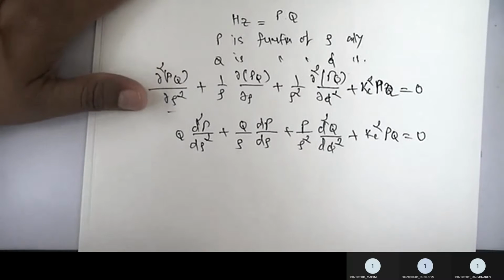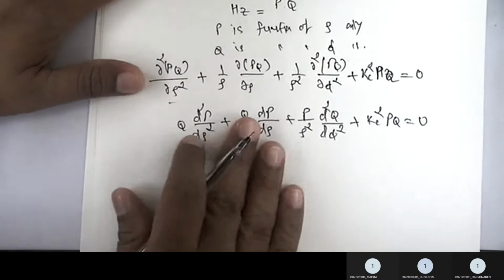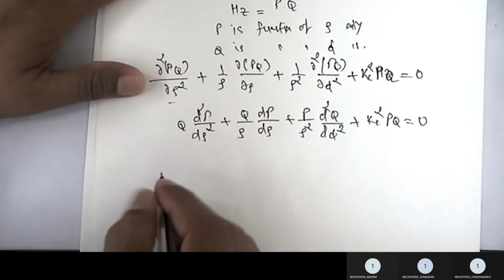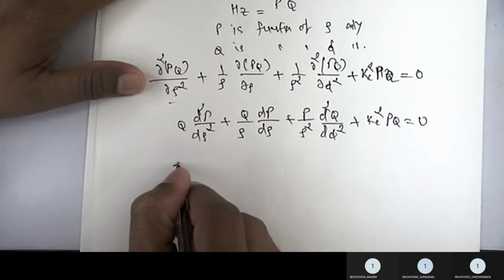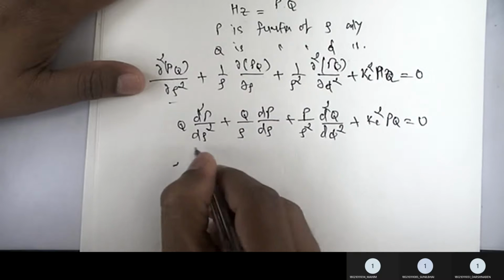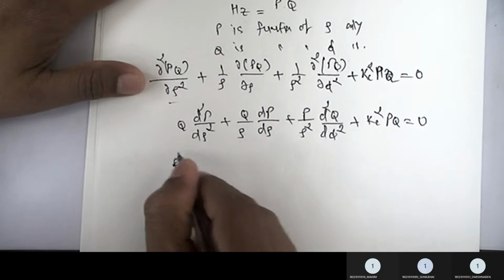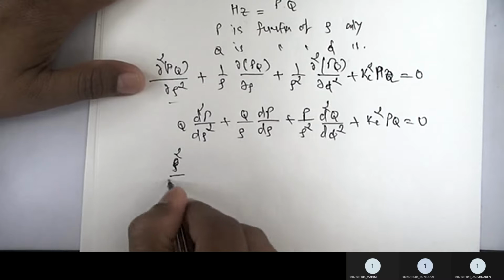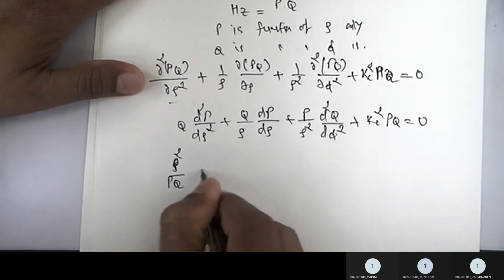It's simple algebra that has been applied so that you get the expressions. So now what will happen? I will multiply this term by rho square by pq.